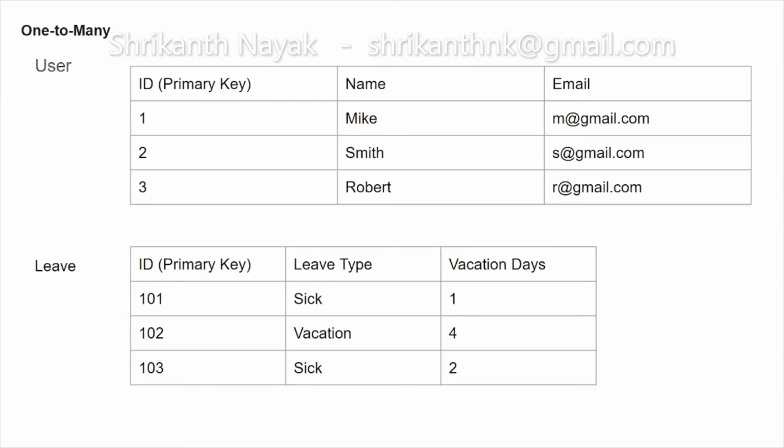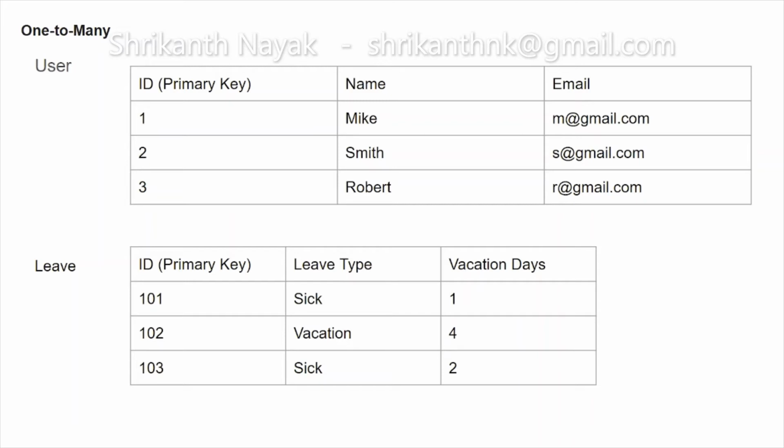The next relationship is one-to-many. To demonstrate that, I have taken a user table and a leave table. In my user table, I have 3 records, and in the leave table, I have 3 records. Now again, a couple of questions.